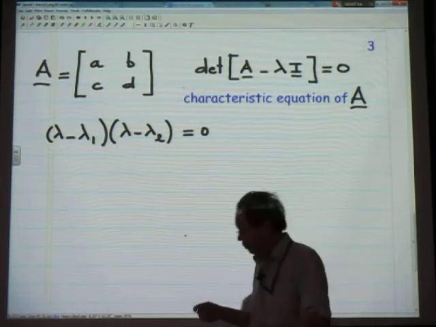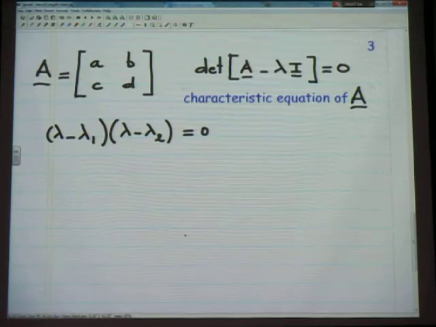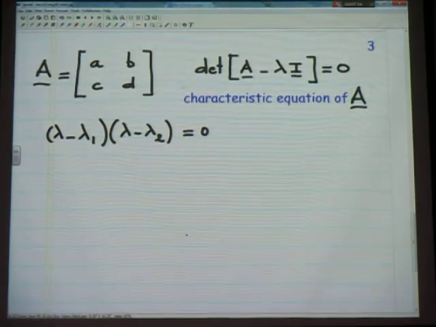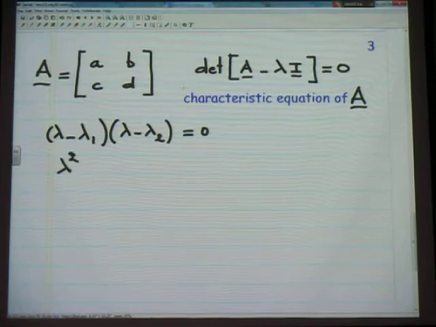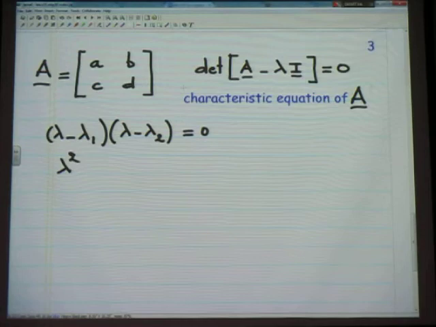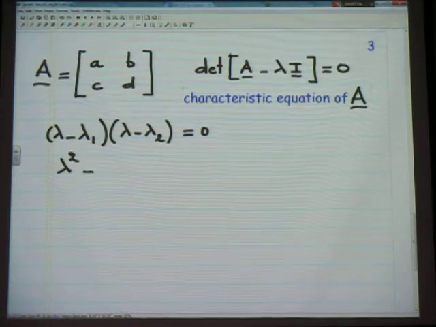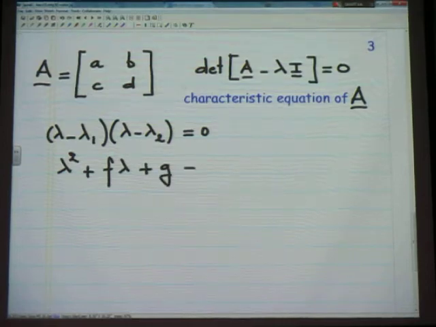Two, because the quadratic equation would have a form, if you multiply out, of lambda squared plus some F lambda plus G. I need to use a different symbol now because A, B, C, D is already used.